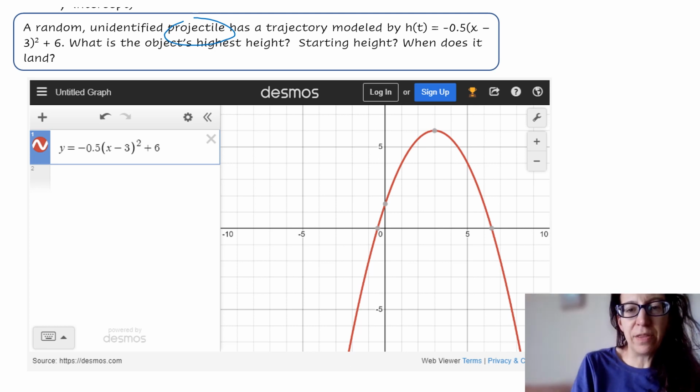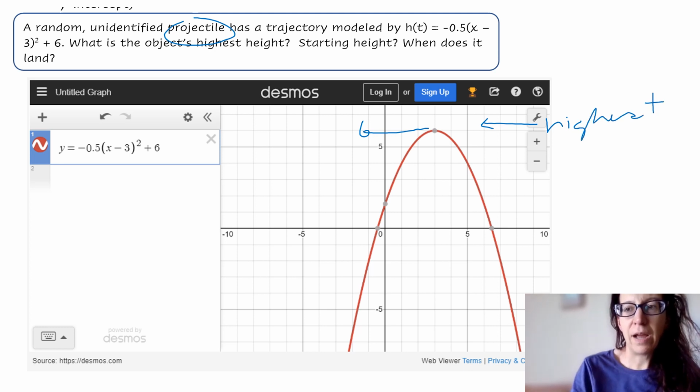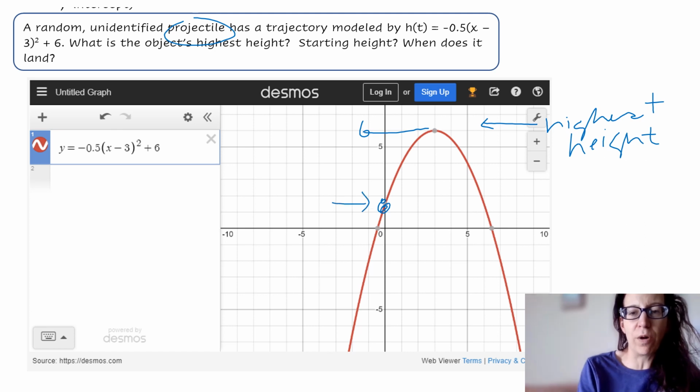So, if you were asked the object's highest height, that would be the 6. So that is the highest height. And then the starting height would be right here, 1.5.